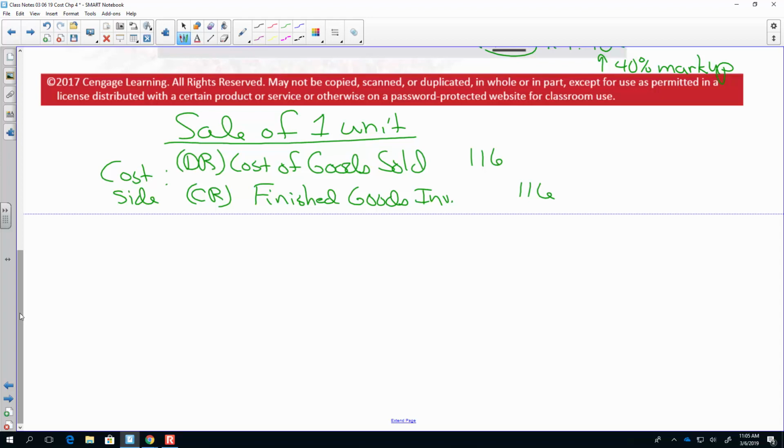So accounts receivable, does that make sense? I would debit accounts receivable on account, and credit sales revenue. How much though, Ruby?